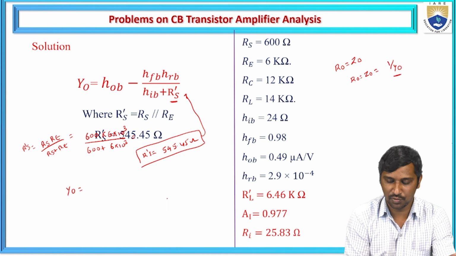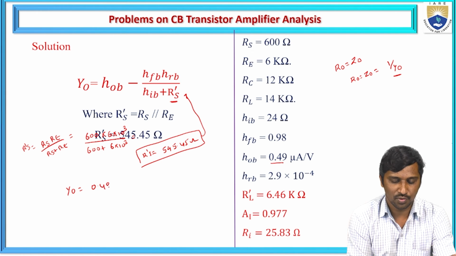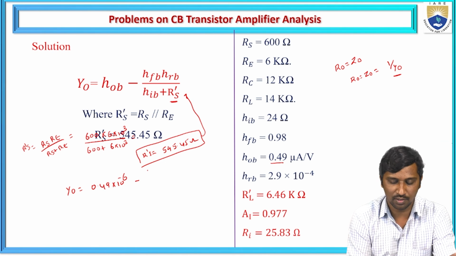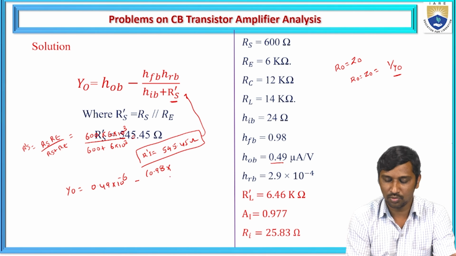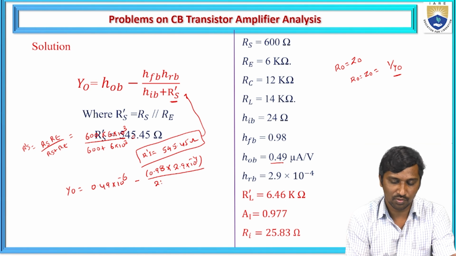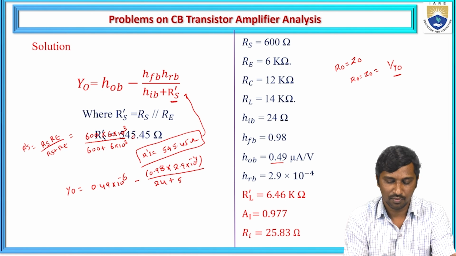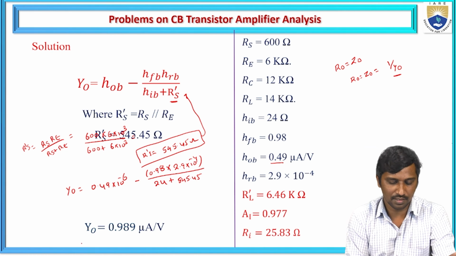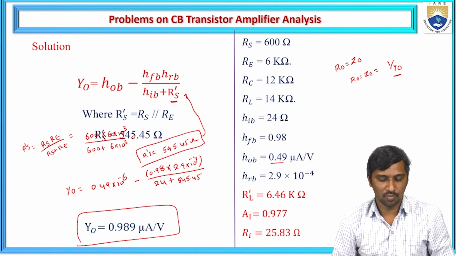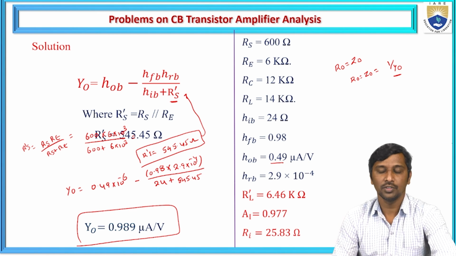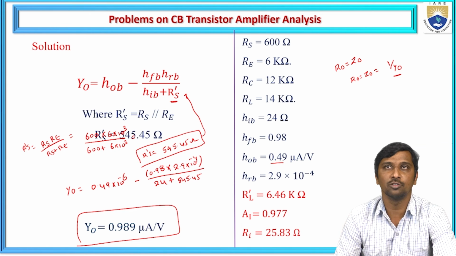Y naught is equal to HOB, that is 0.49 into 10 to the power of minus 6, minus HFB, 0.98, into HRB, 2.9 into 10 to the power of minus 4, divided by HIB, which is 24, plus R dash S, 545.45 ohms. Now if you solve this ratio, it gives that Y naught is equal to 0.989 microamperes per volt.